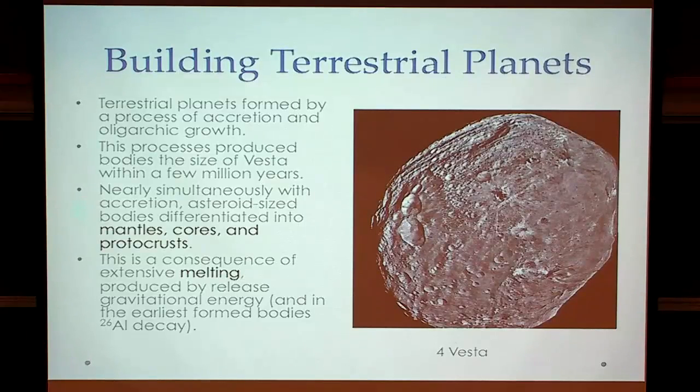And the idea that aluminum-26 contributed to this is fairly recent, based on this extinct radionuclide dating. We used to think that things like Vesta took a long time to form, but now the evidence is they probably formed and differentiated quite early.